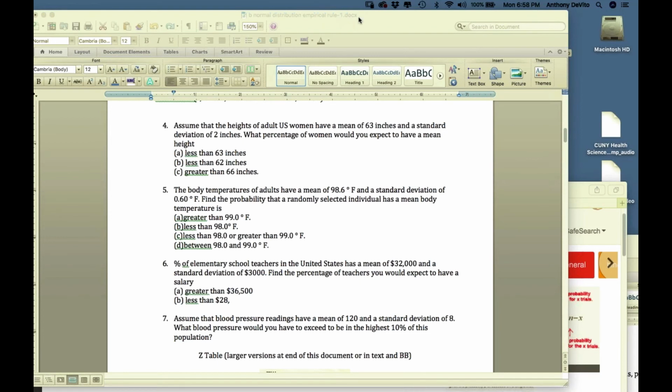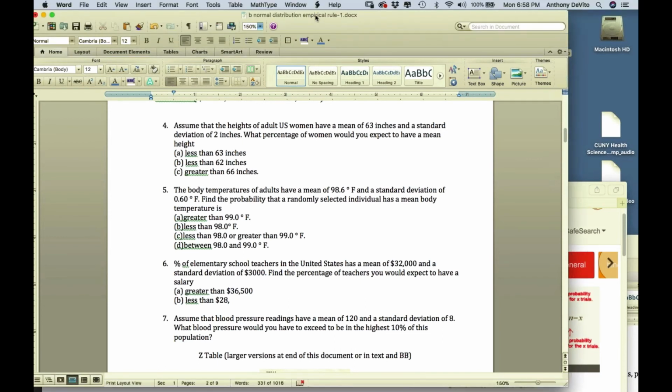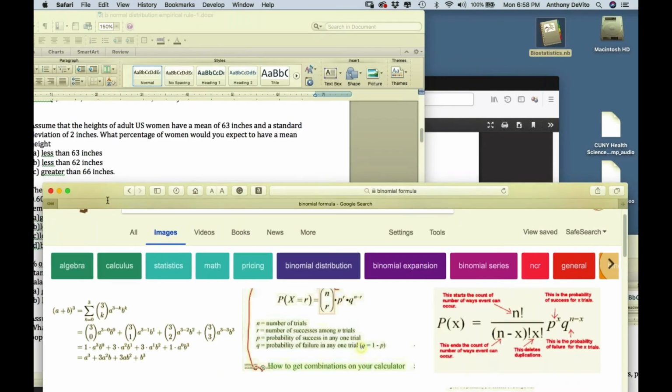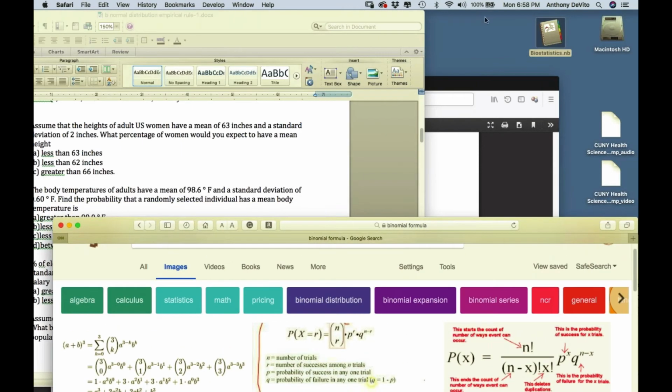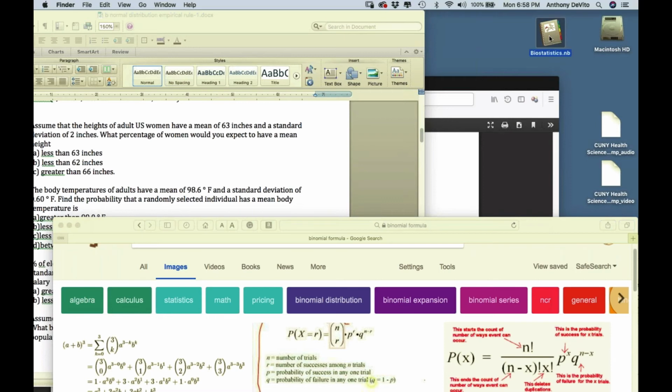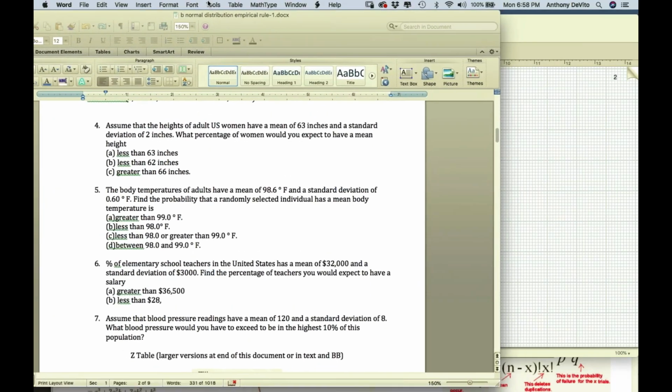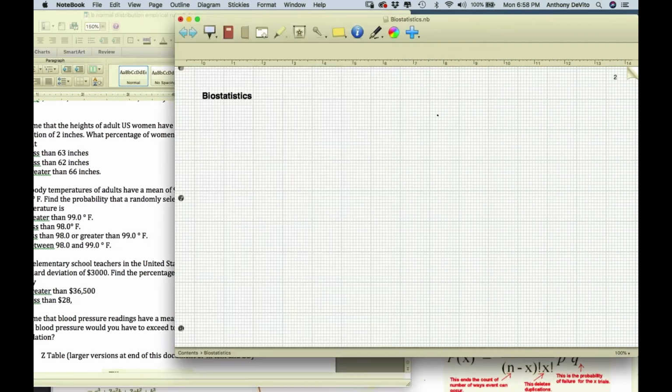Okay, good. Let me get to a blank piece of paper again so we can work this out together. Since you guys have done this already, I'm going to sketch this.